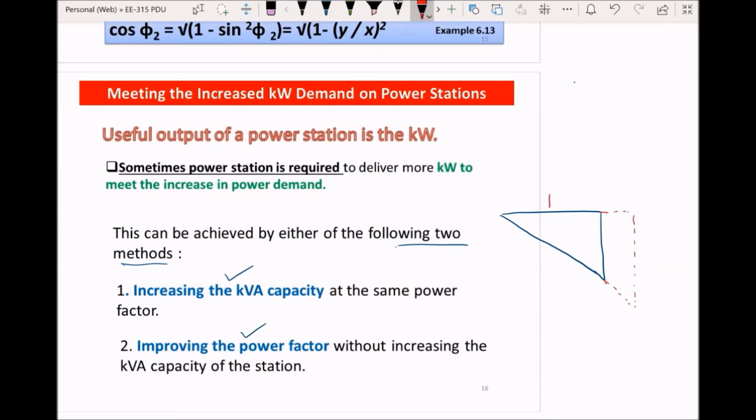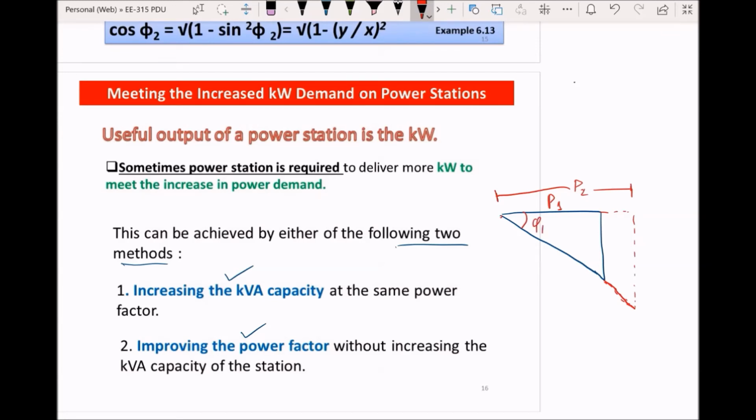Let's say this was P1, and let's say the extra demand is P2. Then the first thing which we can do is to increase this kVA supply. And when we increase this kVA supply, the power factor will remain constant.